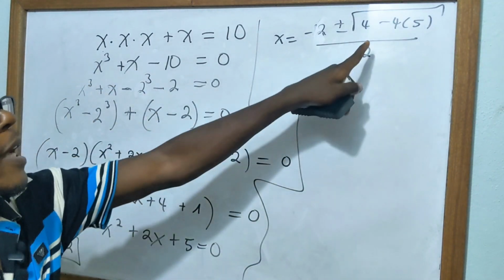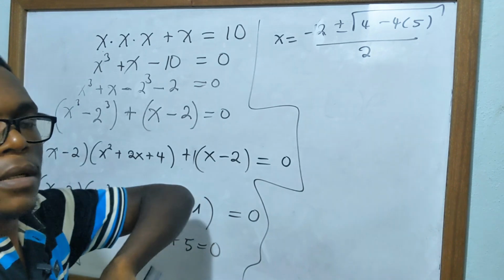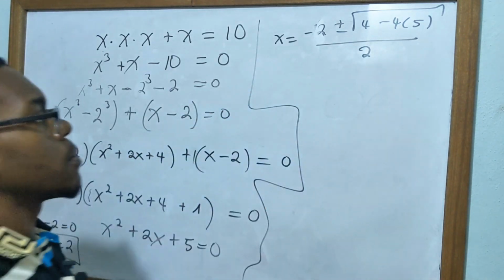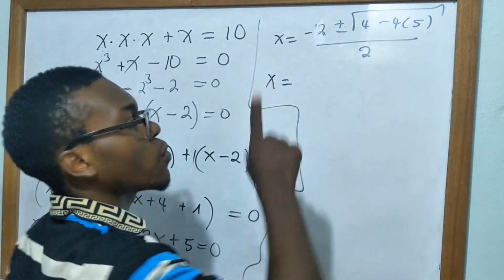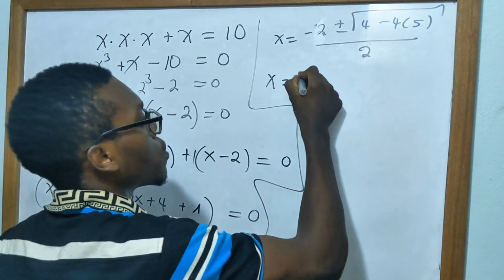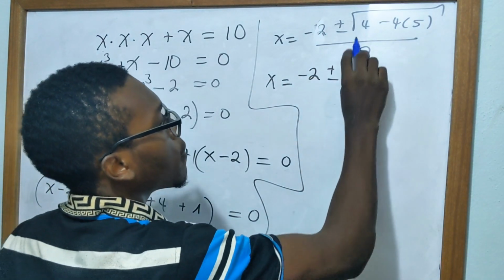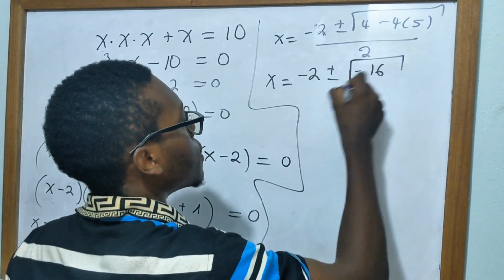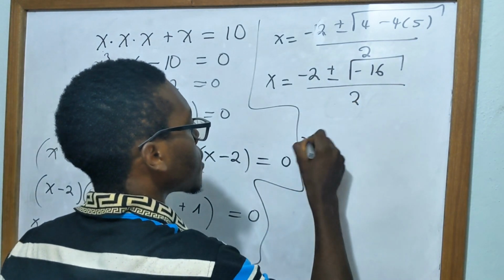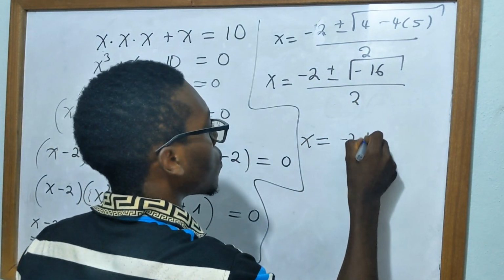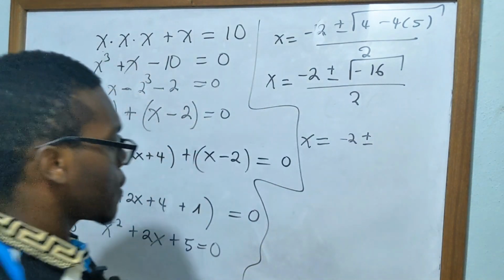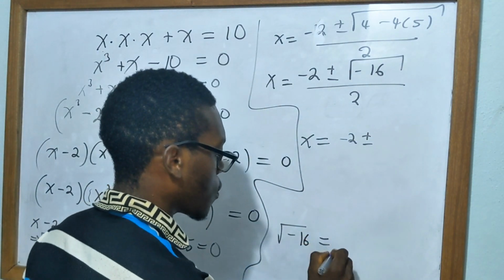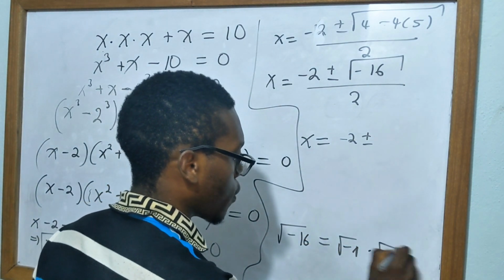Looking at this, you know that this will tend to a complex or imaginary number. Let's solve it together. Negative 2 plus or minus the square root of 4 minus 20, which is negative 16, all over 2. The root of negative 16 is the root of negative 1 times the root of 16.